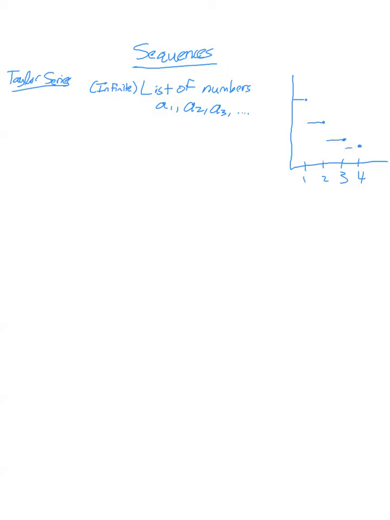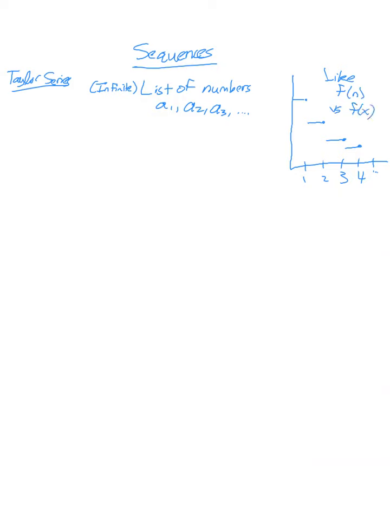And this list just keeps on going. So you can think of a sequence as a function on the integers. So it's kind of like f of n, or really a of n, versus f of x.